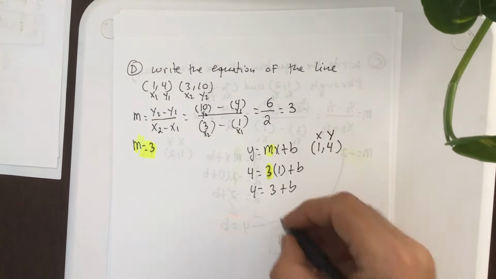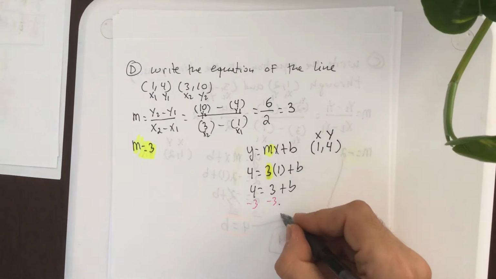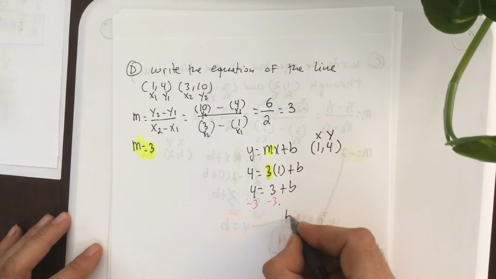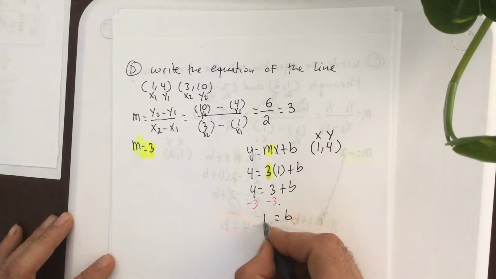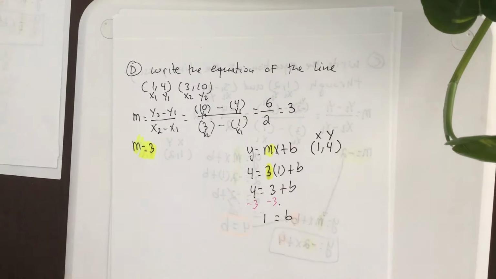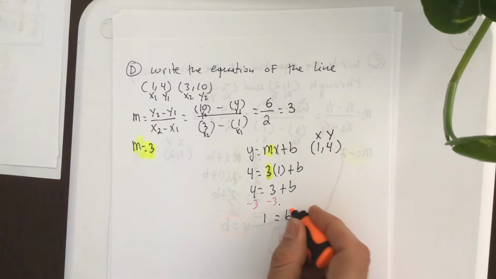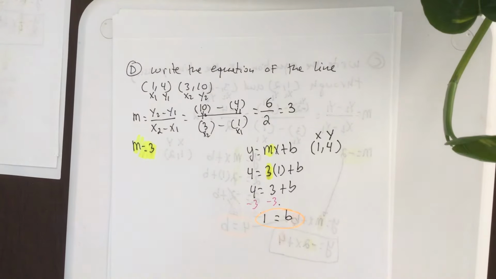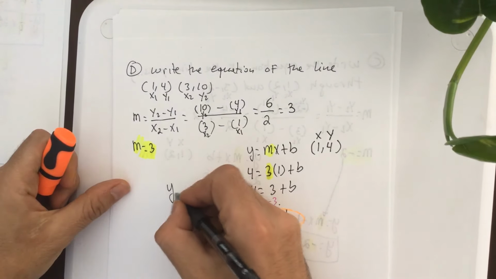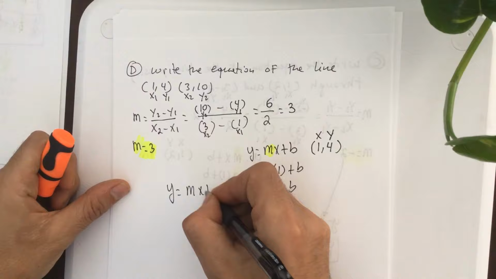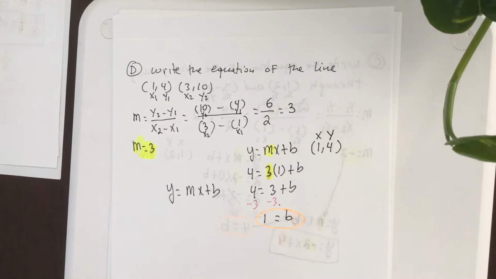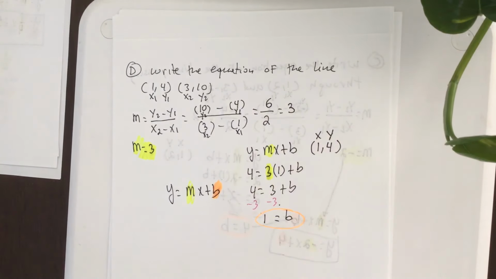We solve it. 4 equals 3 plus b. Subtracting 3 from both sides. Let me do that step so we can see it. You should be getting b is equal to 1. That is my y-intercept. And remember, we're using y equals mx plus b. That's what we're using, the m and the b.